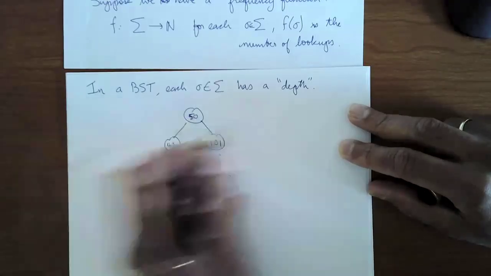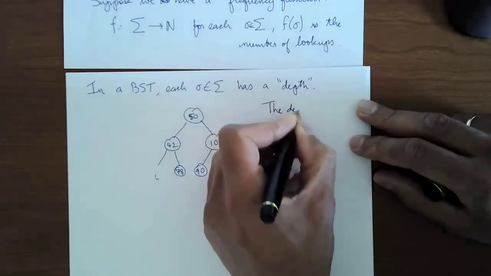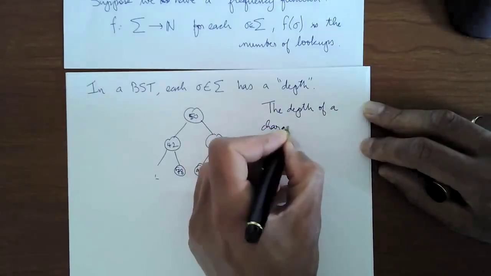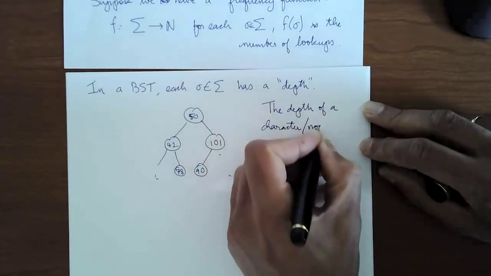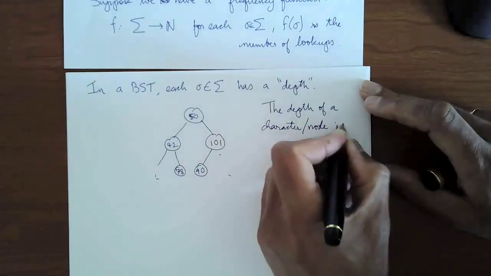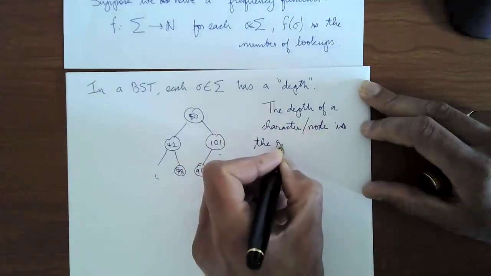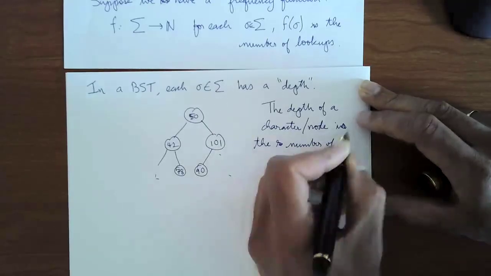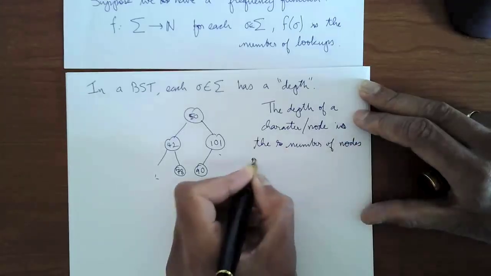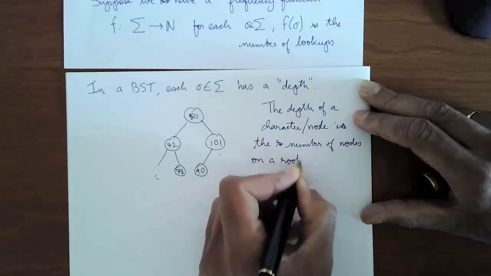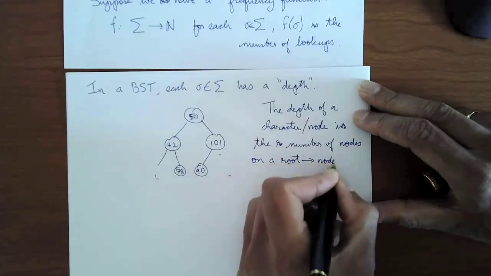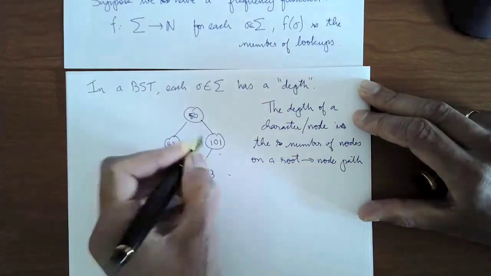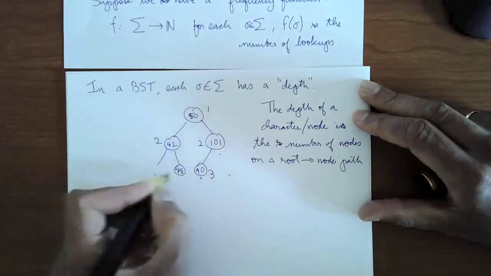The depth of a character, which is the same as the node of the tree, is the number of nodes on a root to node path, meaning that the depth of this is going to be 3, the depth of this is 2, the depth is 1, 2, 3, and so on.